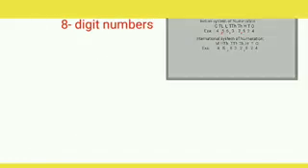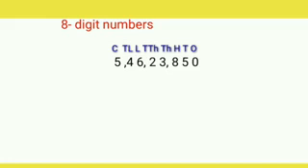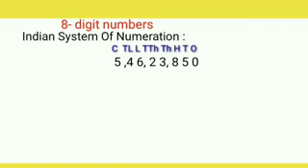Children, let's talk about 8-digit numbers. Let's take an example of an 8-digit number: 5 crores, 46 lakh, 23,850. According to the Indian system of numeration, we will insert a comma counting 3 digits from the right, after 8. Then 2 digits, that is after 2, and then after 4.